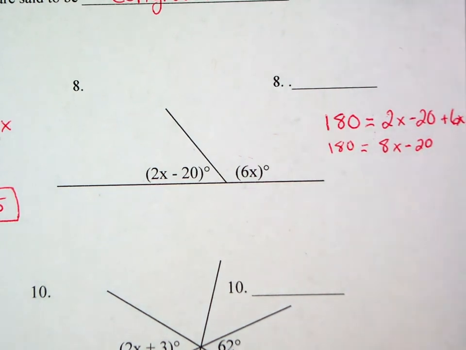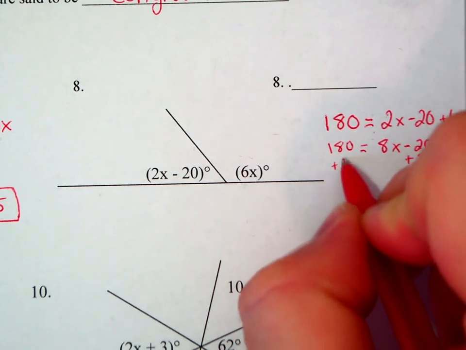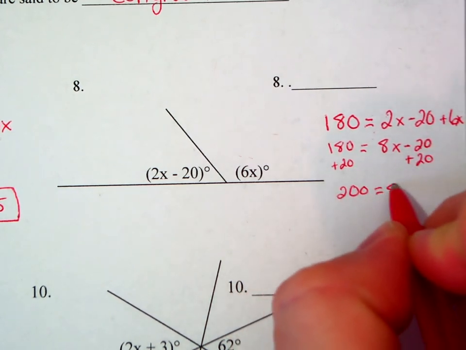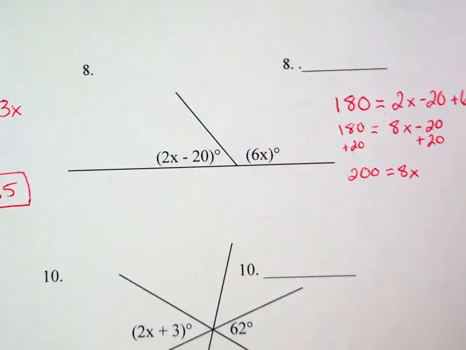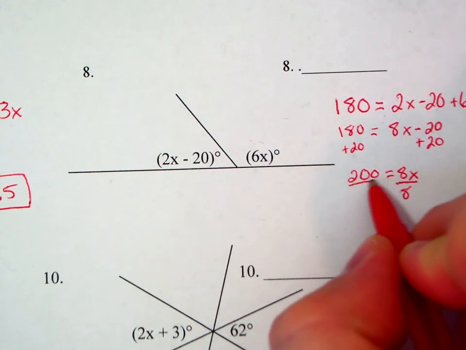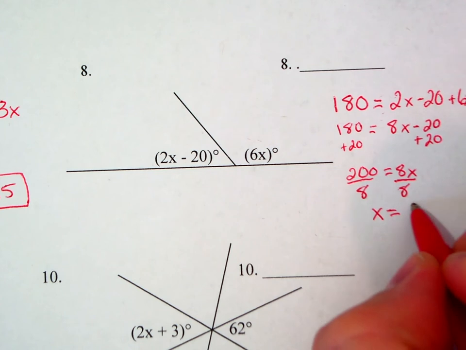This brings me to a two-step equation, so now I will add 20 to both sides. And we determine that 200 equals 8x. Last step, divide by 8. And we find that x is equal to 25.